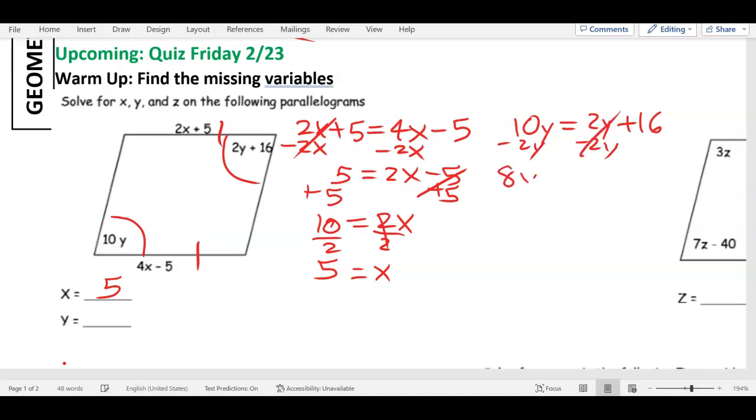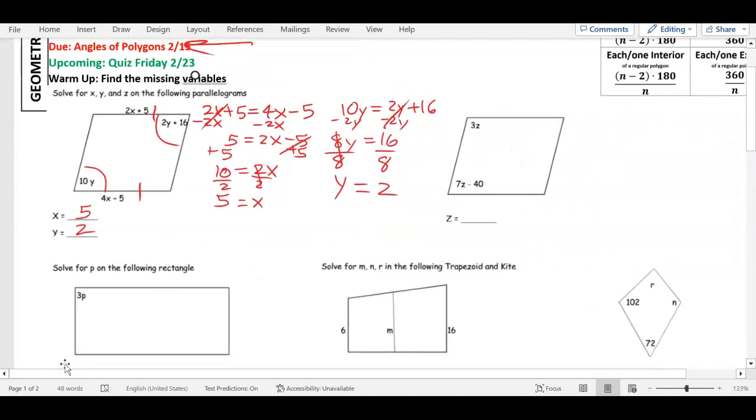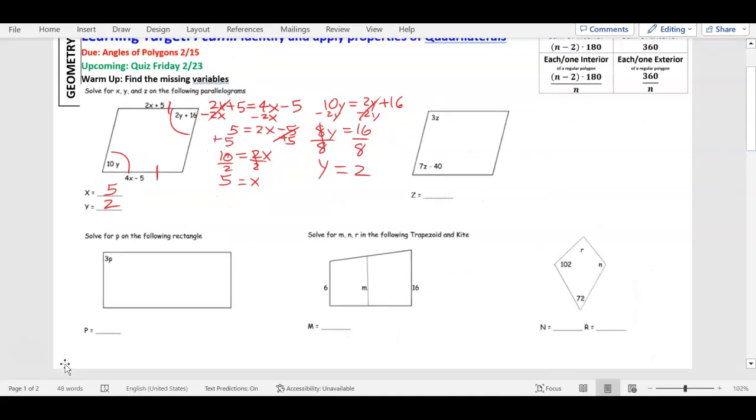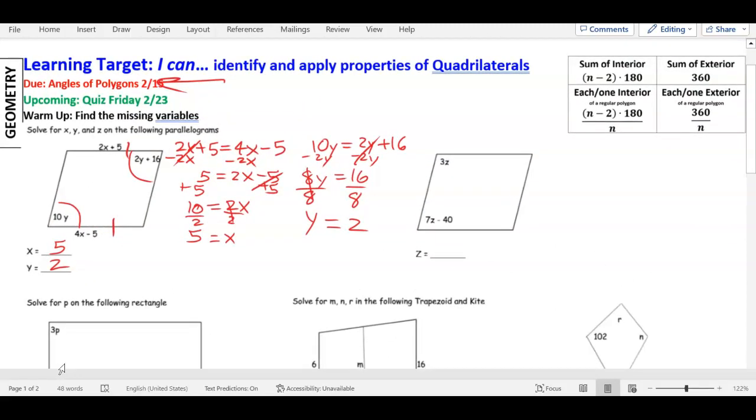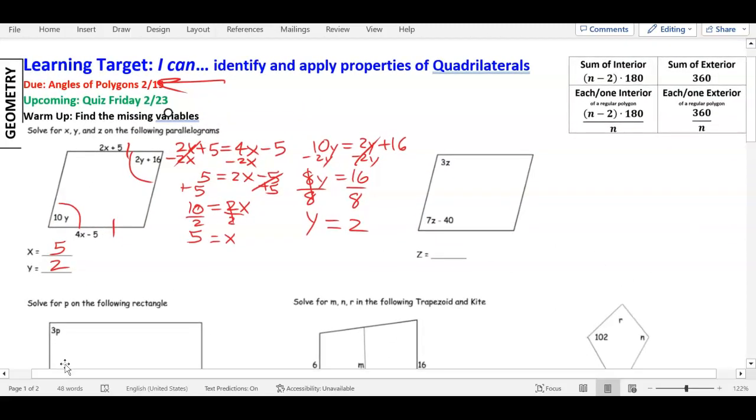I get 8y equals 16. And then to get rid of that coefficient 8, we divide by 8. So y equals 16 divided by 8, which is 2. Okay, so that was the first figure.